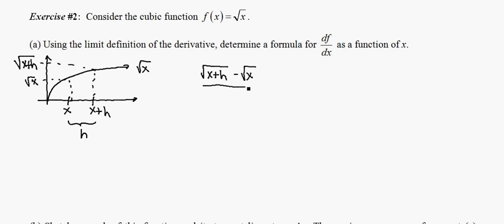That's y2 minus y1 divided by delta x. And now I'm going to let h go to 0. Right? That's going to force this point to slide into this point. Of course, the way that we're going to do this is we're going to rationalize the numerator, right? A limit technique that we should have learned already in the course.